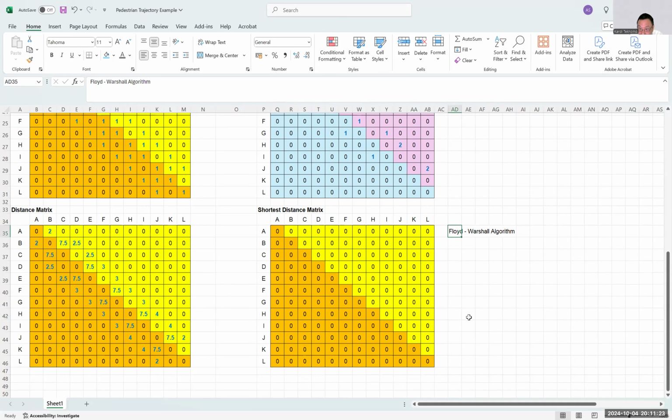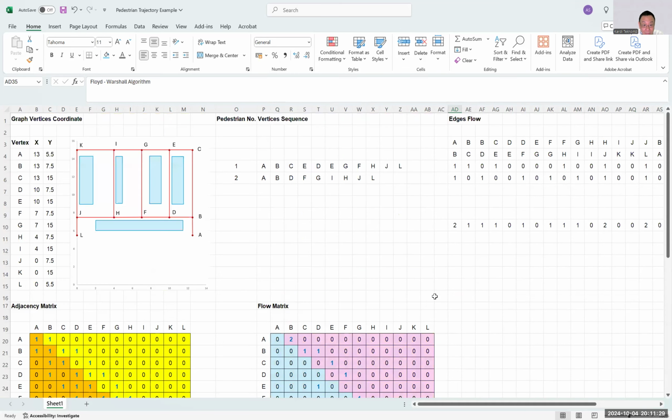Let me send it to everyone. Do you remember the network structure lab a while ago? So that lab contains the path matrix as the output matrix. Yeah, that's the shortest path distance.